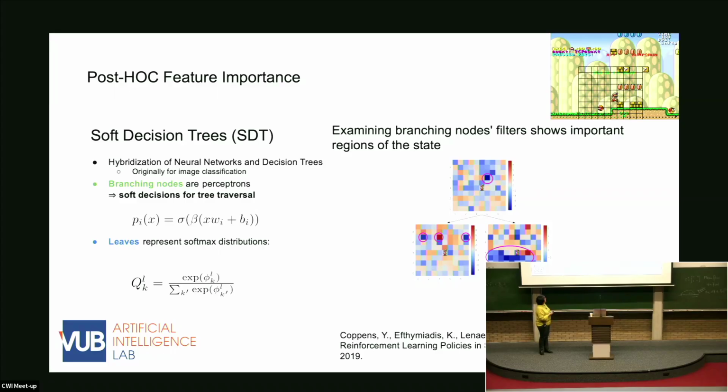If you take a policy and train such a soft decision tree, you can get things like this. At the top node, what is most important is the object that is just above Mario a bit to the right, and depending on this value, it will then, for example, be important that Mario knows that he's standing on the floor and not already jumping. Things like this can be understood by training such a soft decision tree.